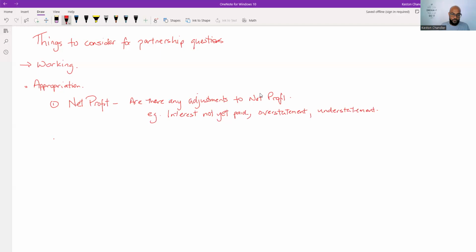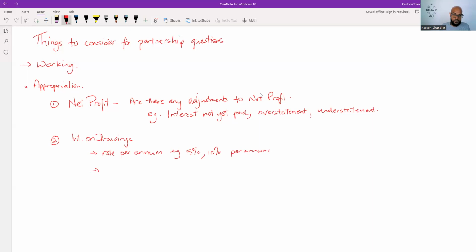Then when we move away from the net profit, usually we need to be able to calculate interest on drawings. Here we need to look at what's the rate per annum, for example if it's 5%, 10% per annum.